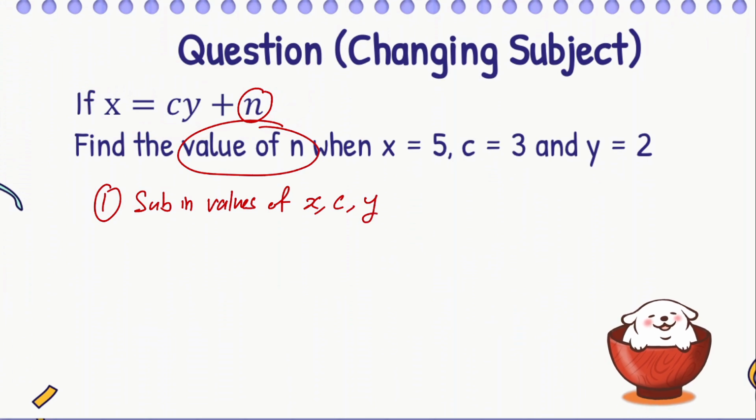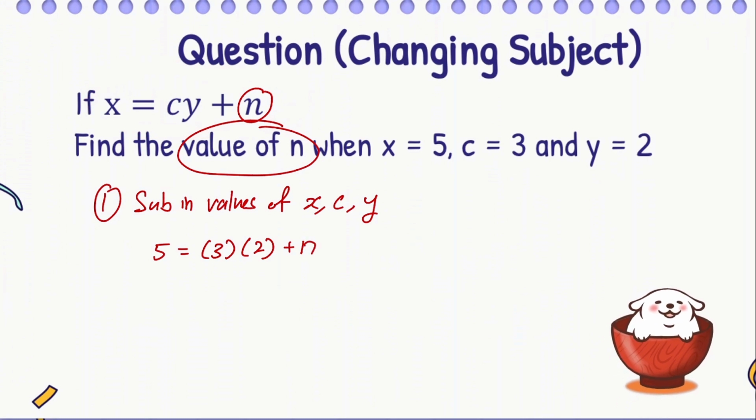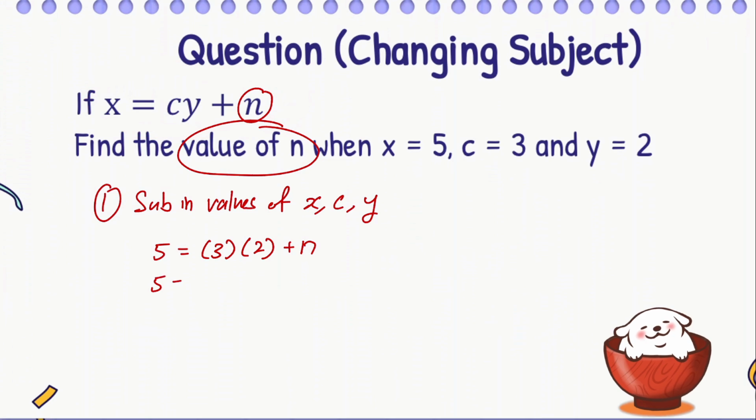So let's substitute in first. You know the value of x is 5, we know the value of c is 3, the value of y is 2, and we put a plus n at the back. Now do you realize this is just back in chapter 5.1, solving linear equations with integer coefficients. So we just simplify it now. 3 times 2 we get 6 plus n.